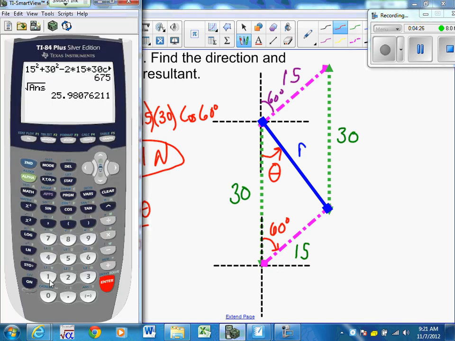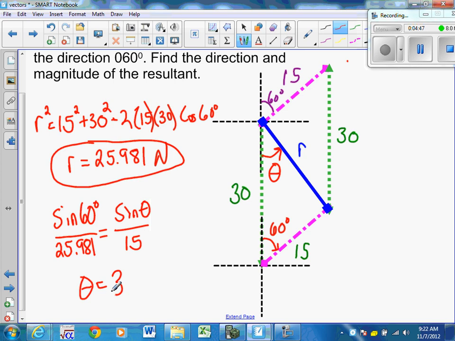And if I do that on my calculator, I get 15 sine of 60 divided by 25.981. And anytime you want to find an angle, you always have to do sine inverse, only when you're finding an angle, and I get 30. So that tells me my angle is 30 degrees.